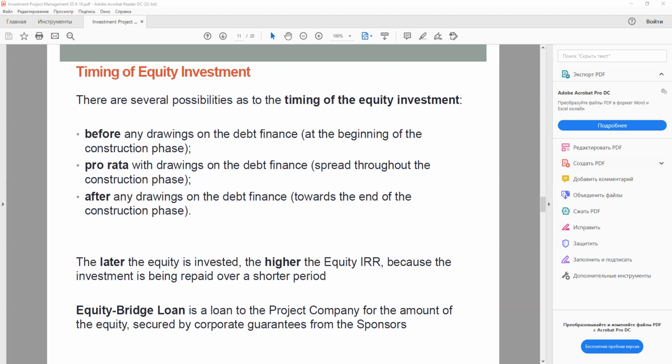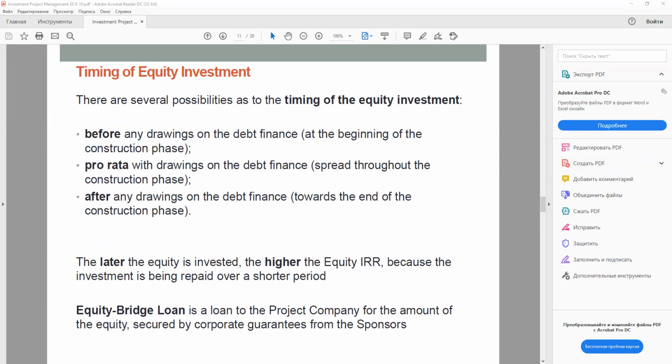Lenders would obviously prefer the equity to be invested first, but will not normally object to the debt being drawn first or pro rata, so long as the sponsors are legally committed to invest the equity, through the equity subscription agreement, and will do so immediately if the project goes into default.